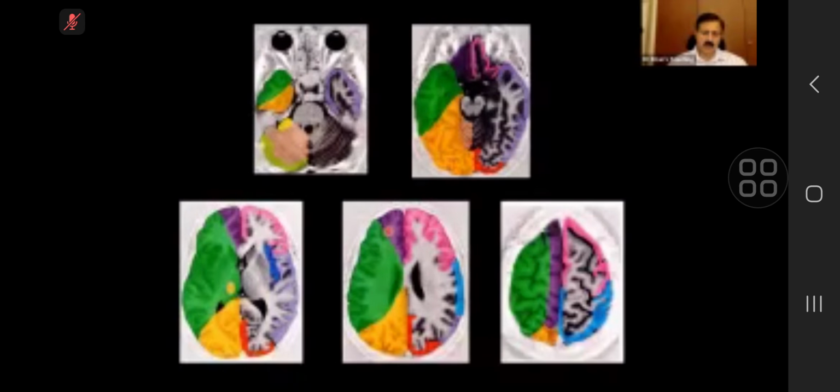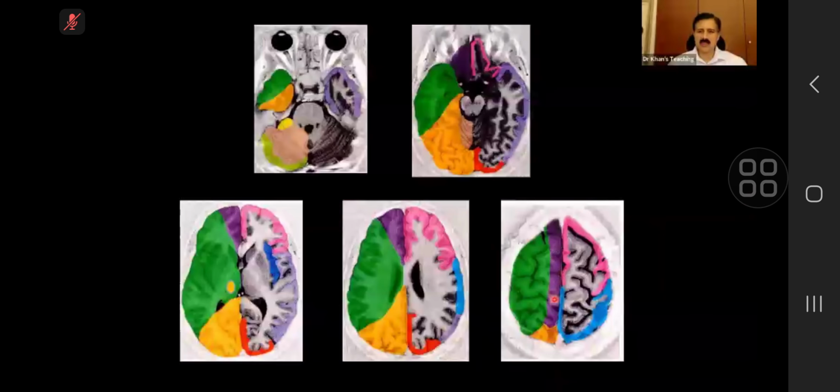On the right side, this purple is the ACA territory. And they ask exam questions on this. The key thing to remember is that anything which touches the falx is ACA. Here is the falx.